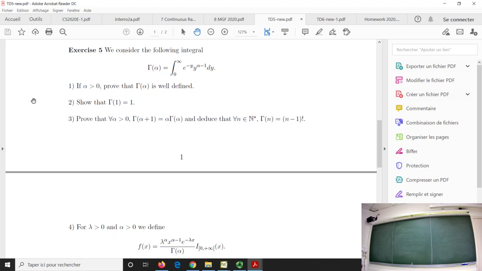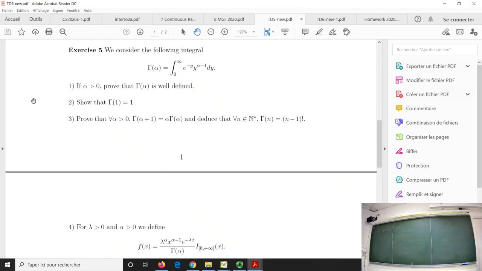Okay, and we have remarked that if I define gamma of alpha this way, the integral between 0 and plus infinity of exponential minus y, y to the power alpha minus 1, dy, this is the integral of a positive mapping that is finite.